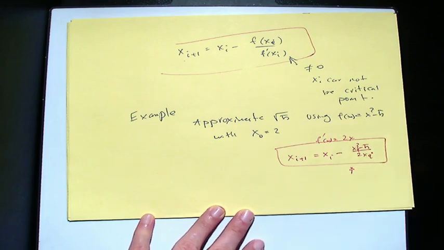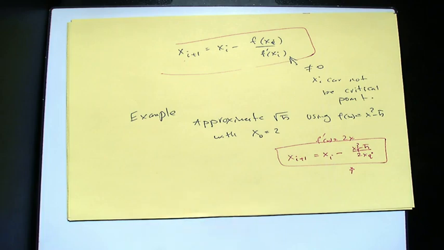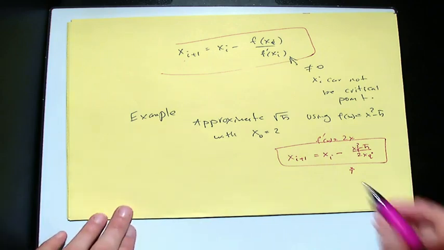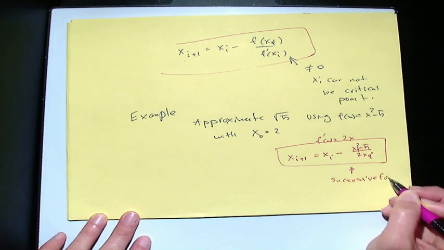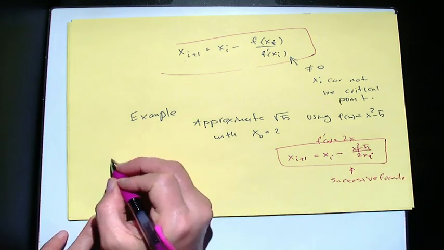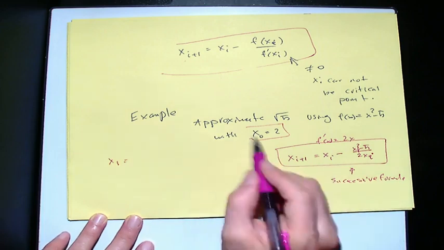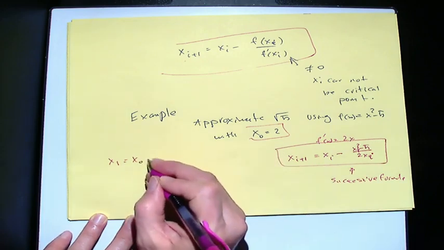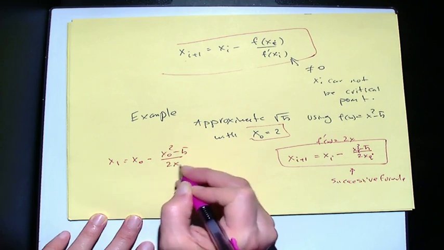Yeah, I saw a few faces. There was an i in here and an i in there. x_i, no x, all x_i. So this is the successive formula. That means that I have x0 also. That means that x1 is equal to x0 minus x0 to the power 2 minus 5 over 2x0.